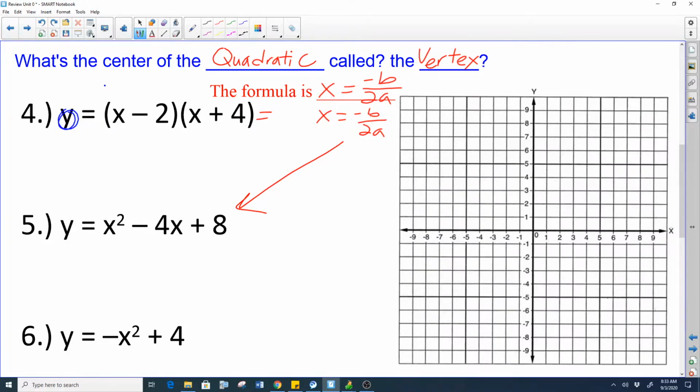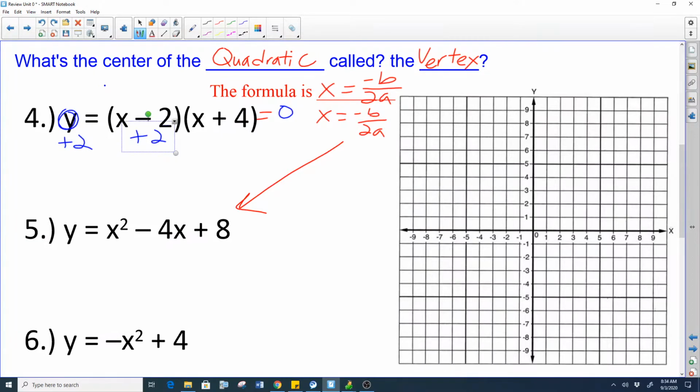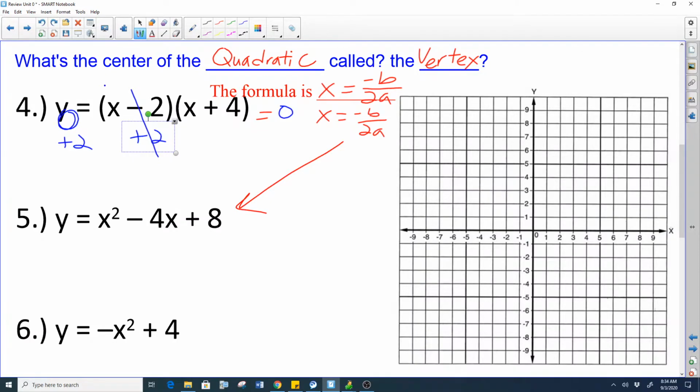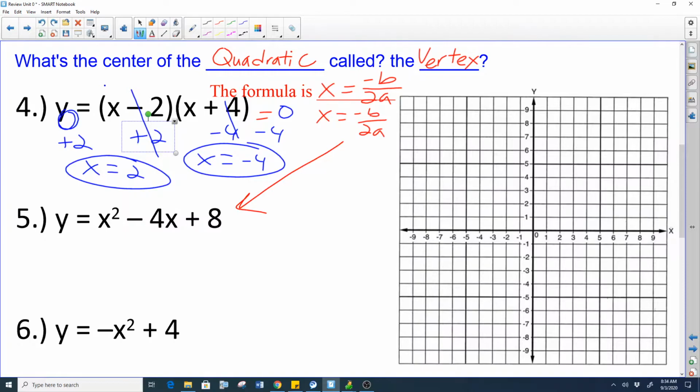Where is it crossing through there? So you set equal to 0, and then you just do the opposite sign. So you get x equals 2 and negative 4. Write this down.